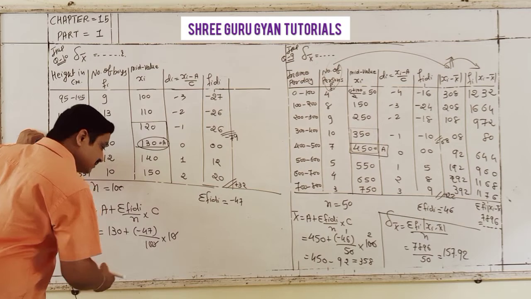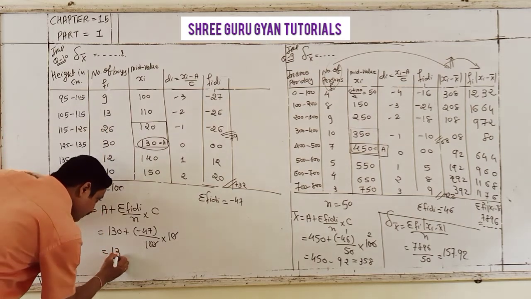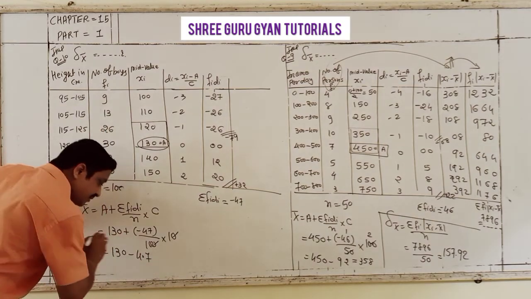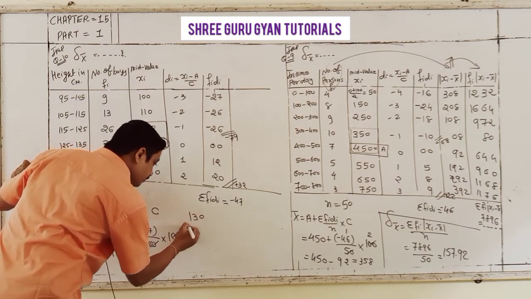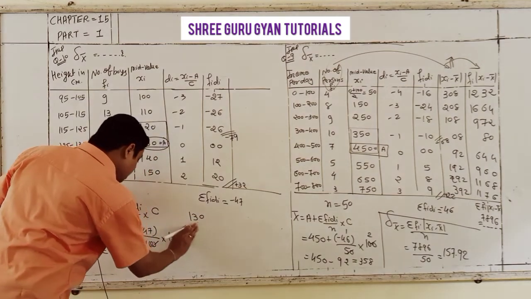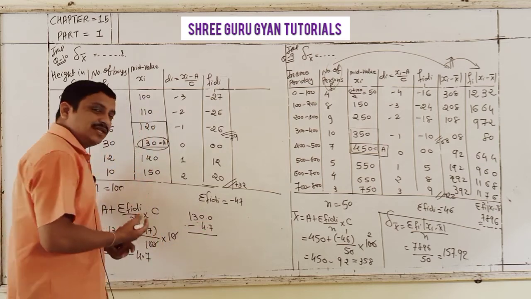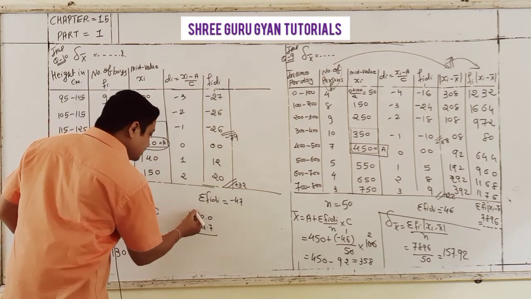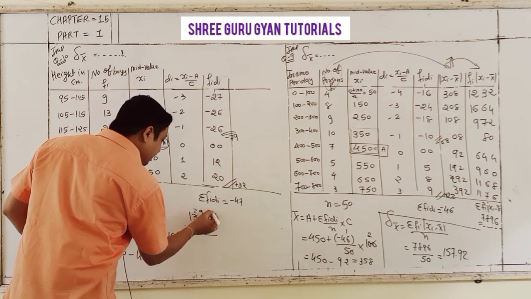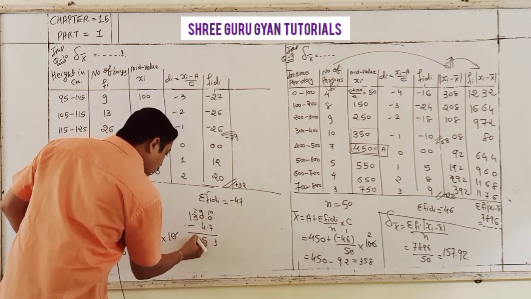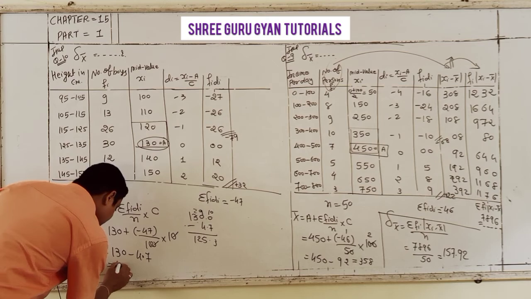That cancels. So my answer is 130 minus 4.7. Students, you just subtract it: 130 minus 4.7 gives 125.3. Yes.